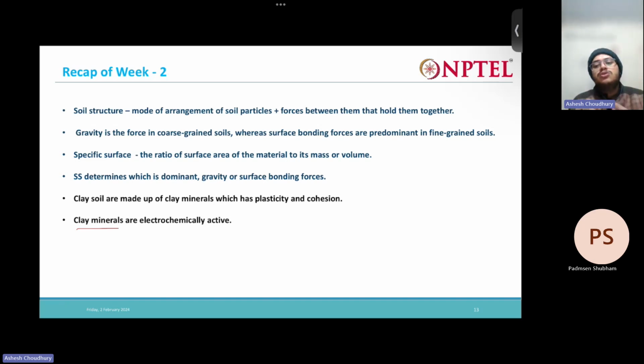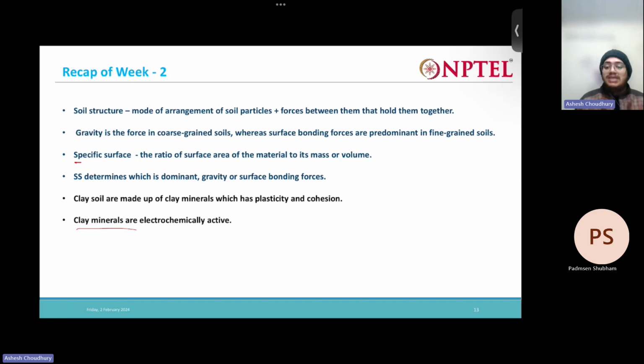In coarse grained soil, the main predominant force between the particles is the gravitational force. But in fine grained soil, the main predominant forces are the surface bonding forces, because the particles are very small and have more surface area. Now there is one thing defined as specific surface: the ratio of surface area of the material to its mass or volume.